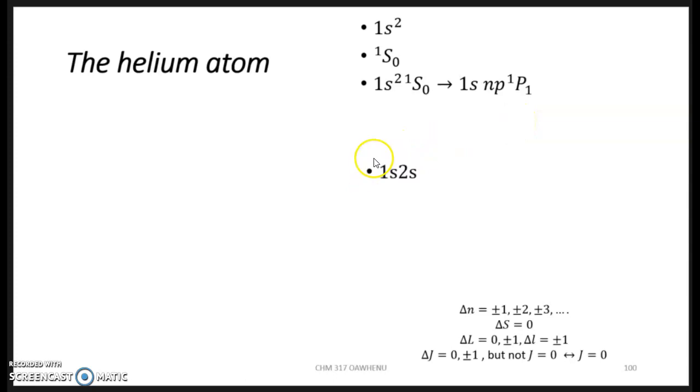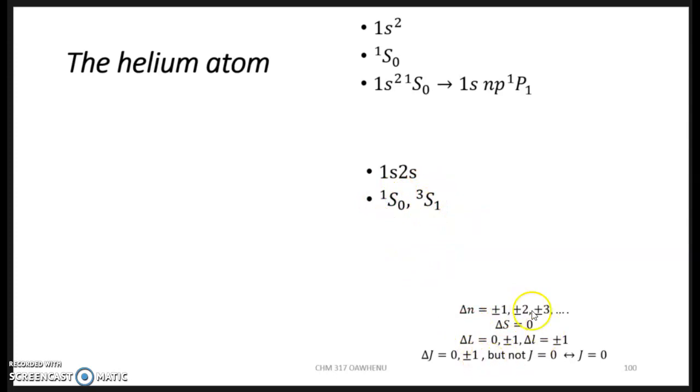The first excited state of helium is 1s2s. It's close in energy to the ground state. So here we can have 1S0 and 3S1. We've already derived this in another video.